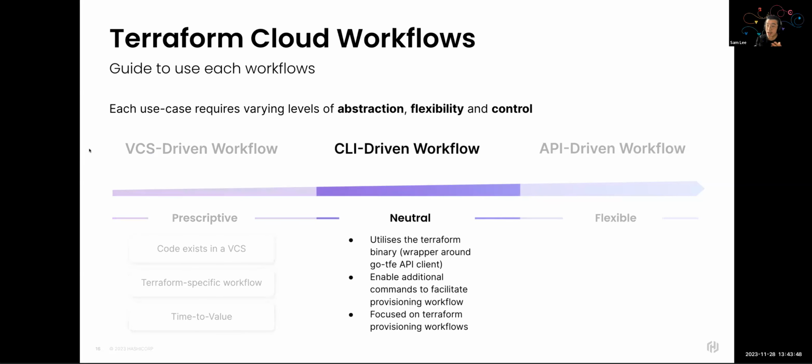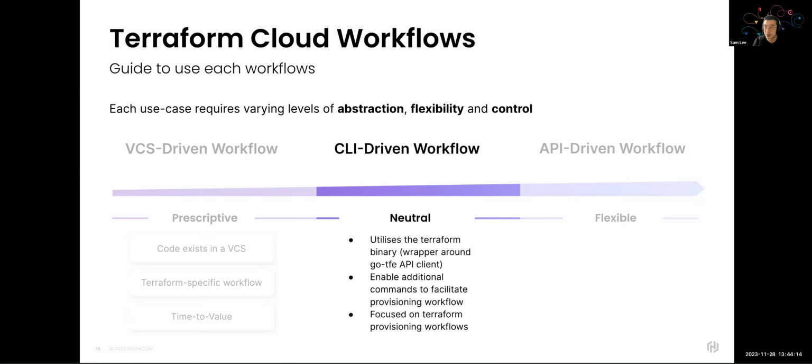CLI-driven workflows have a little bit more flexibility because when we use CLI-driven workflows, we essentially have the Terraform binary locally on our machine, and the Terraform binary is just a wrapper around the Go TFE API client. And what this allows us to do is that we have a lot more commands that allow us to facilitate the provisioning workflow. And so ideally, what we can do is output our plans.